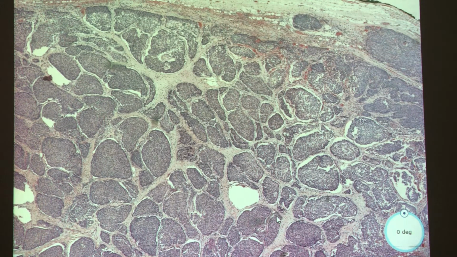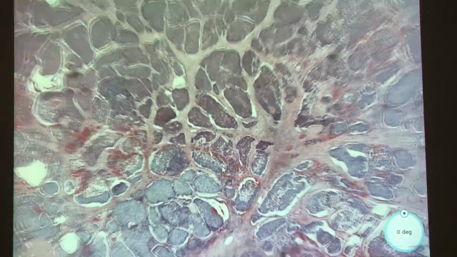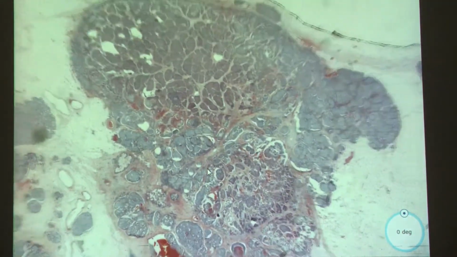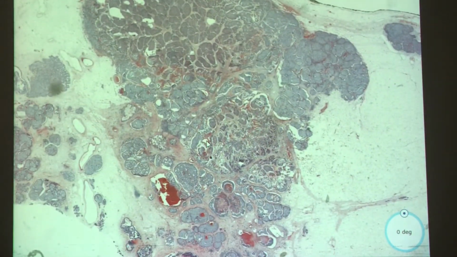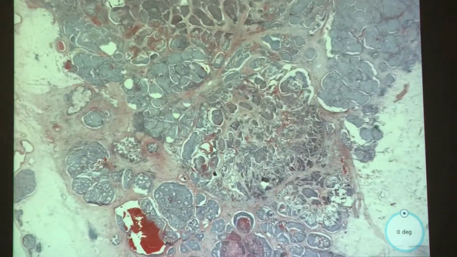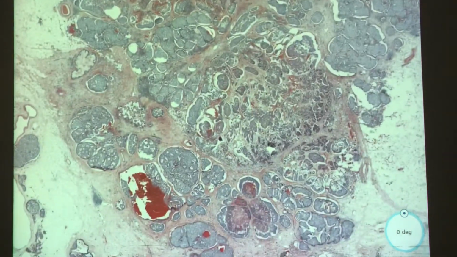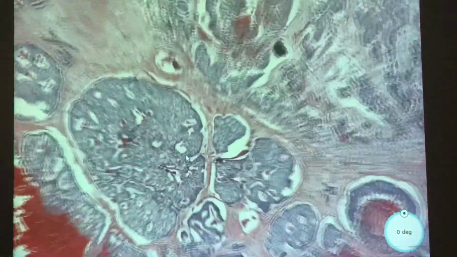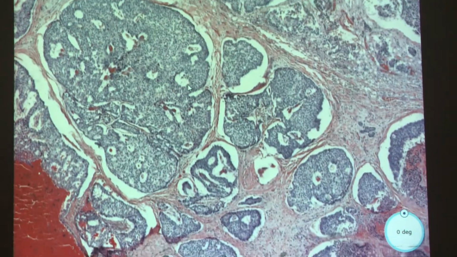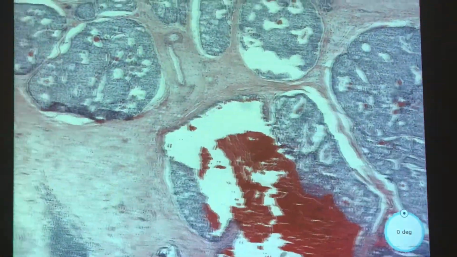What else? Even though they look kind of funny, it doesn't quite look like a DCIS, right? They don't look the same. The nuclei aren't as big. And I think if you zoom in, we might get lucky and find some areas that fit its moniker or alias a little better.